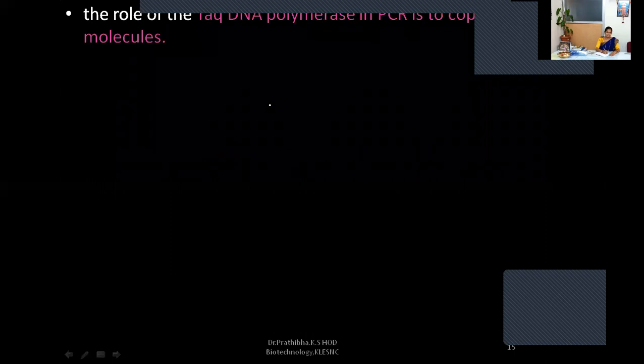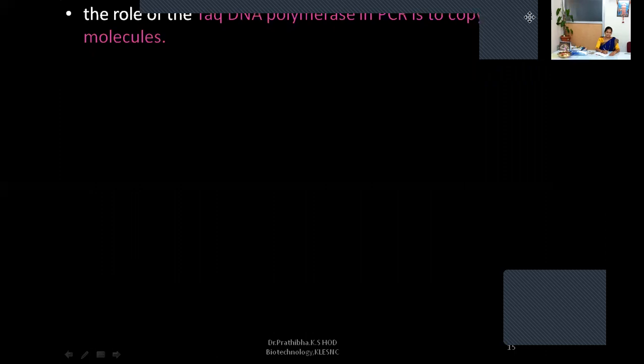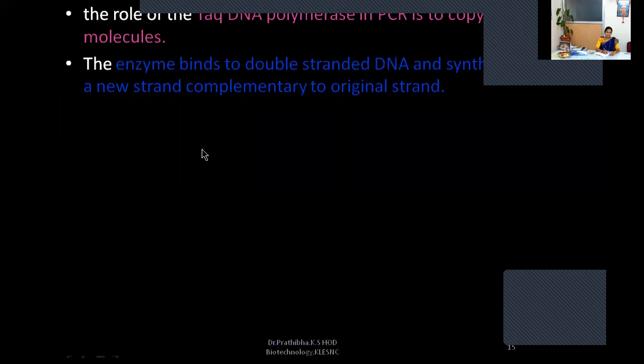The role of the Taq DNA polymerase in PCR is to copy DNA molecules. Their job is to copy DNA molecules like a Xerox machine shop. The enzyme binds to double-stranded DNA and synthesizes new strands which are complementary to the original strand.